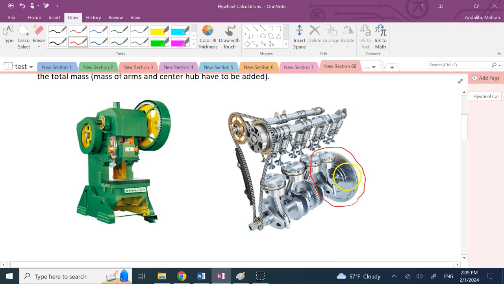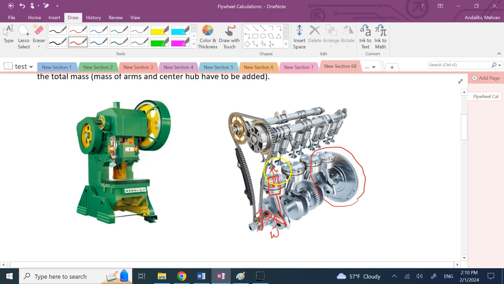Well, because your engine RPM does change. Each piston, when it moves inside the cylinder through this conrod, right? This mechanism that you see here is a slider crank mechanism. And the RPM of the crankshaft, which is the result of this piston going up and down, this omega, does oscillate.